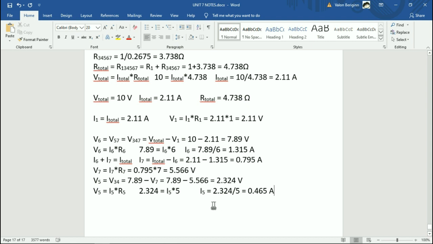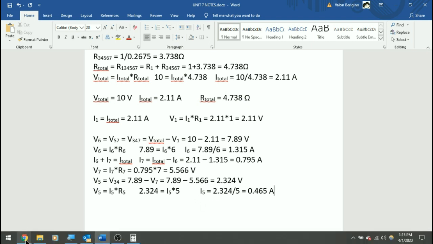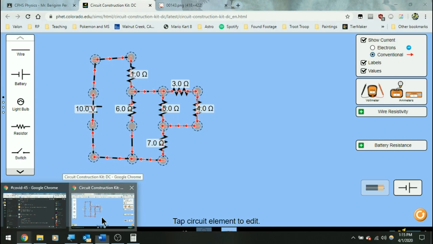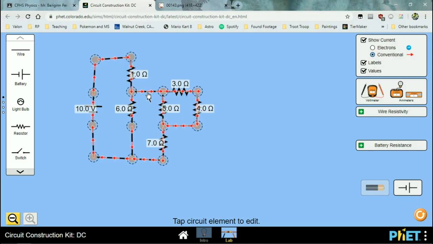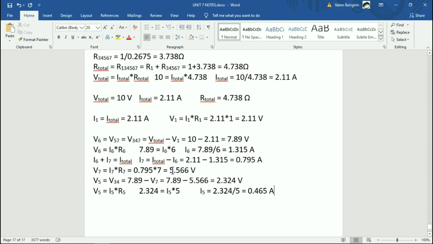Okay, but now we've got a current again. So let's think about the currents we've got. We have the current through 5 is 0.465. Okay, so when we cross here, our current is 0.465. Now we already have I7 also. What's I7? This is I7.